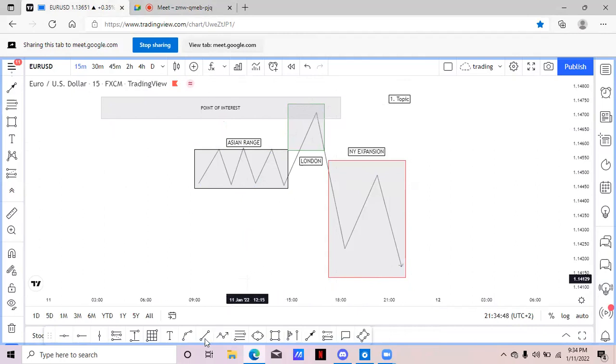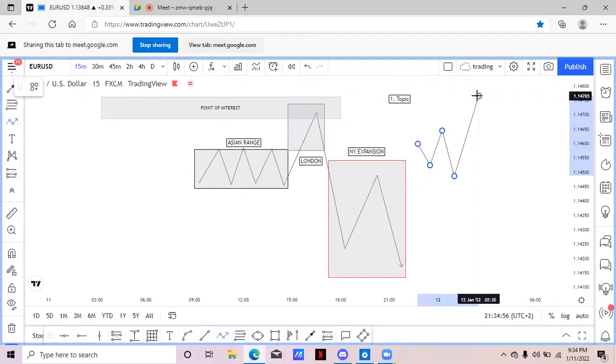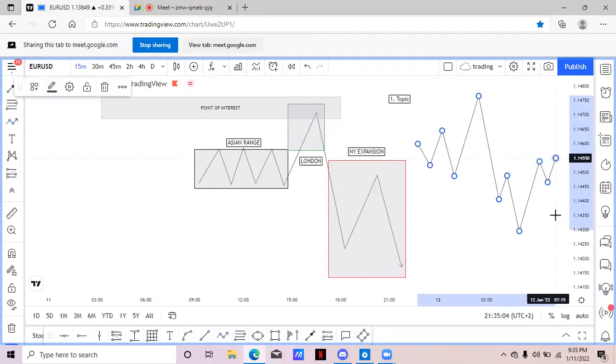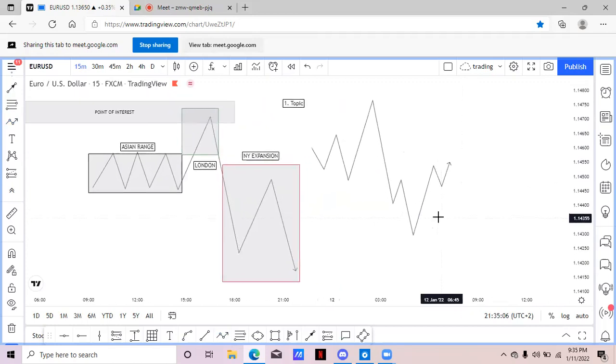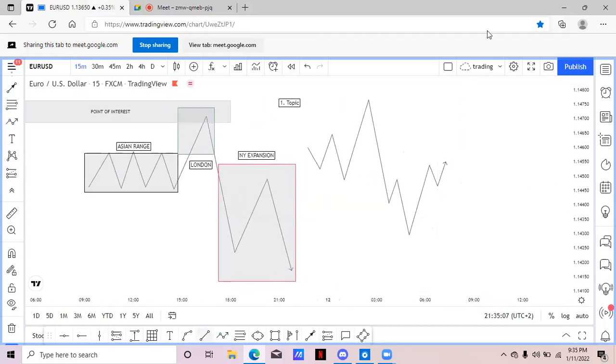The way I drew it here: high of the day, low of the day, and then price closes.